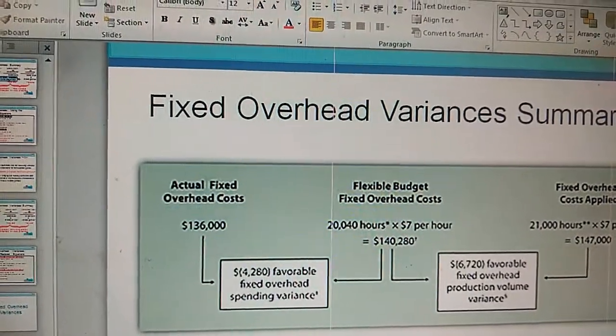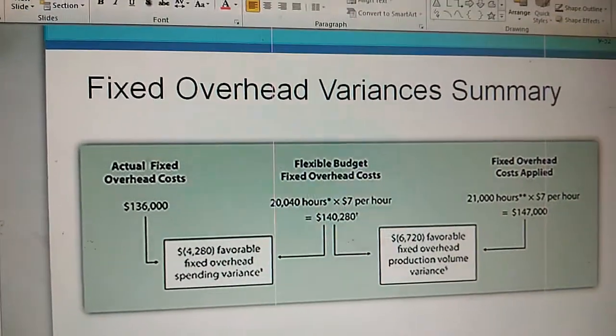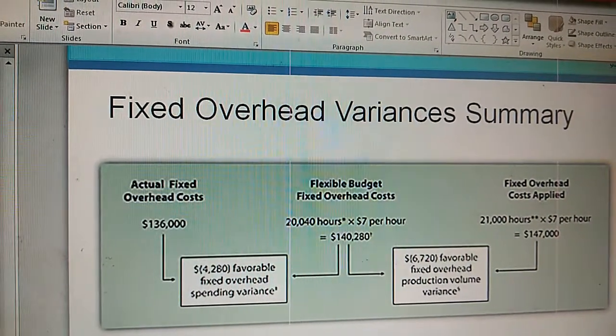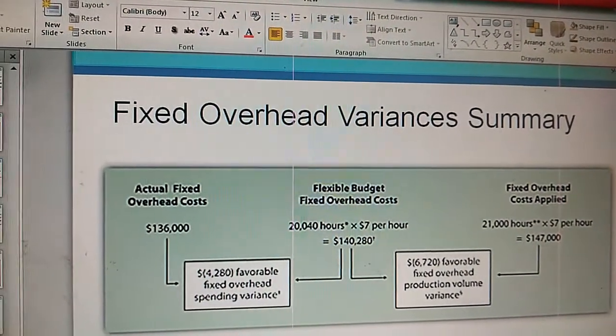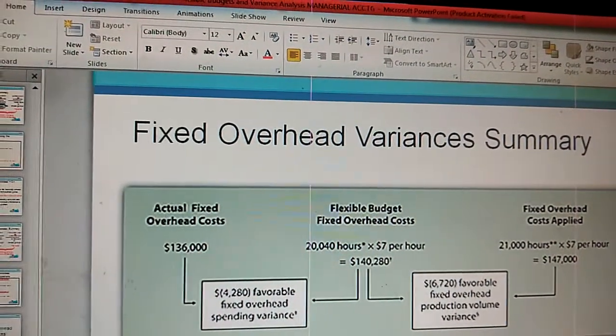So $140,280 is the original budget presented in the manufacturing overhead budget shown in the previous slide. The flexible budget amount for fixed overhead does not change with changes in production, so this amount remains the same regardless of actual production.